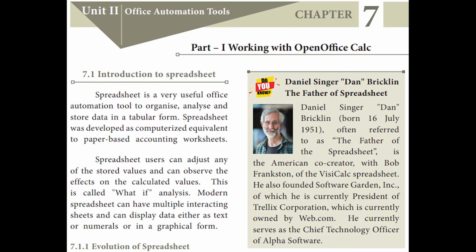If you want to calculate the total or average of 1,000 students, you can enter the marks in a Calc sheet, give a formula, or select the subjects and click on sum. The added value will be displayed on the screen.